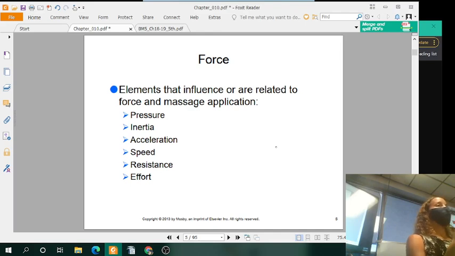So their tissues are not so thick and dense. So we have to adapt what kind of application of force that we put on each client. And we get feedback from them, but also some things that we can see or feel also tells us what we might need to adjust our approach, right? Okay.